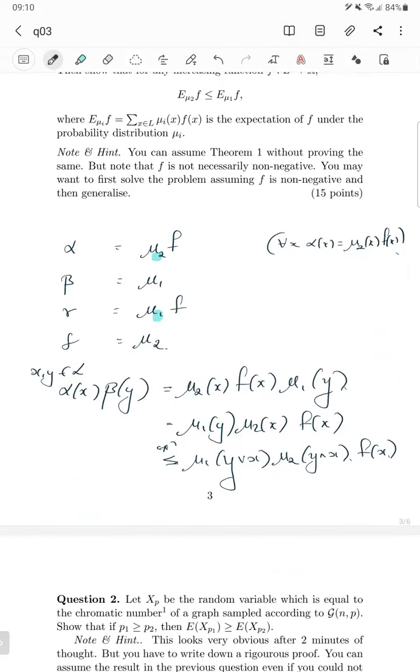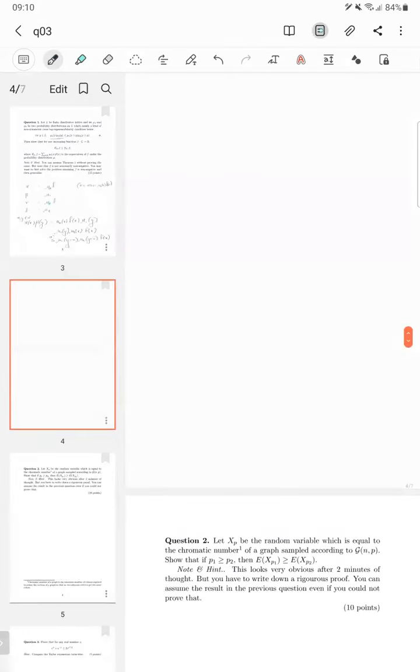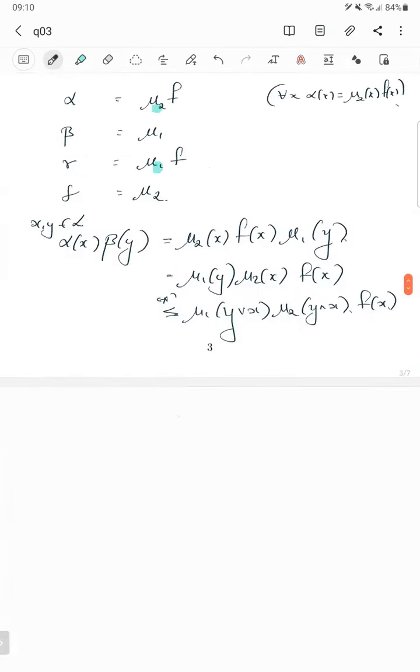Since f is increasing, in the next step we can replace f(x) by f of x joined with y. Since f is an increasing function, we can replace f(x) by f(y), f of something larger. Okay, so y join x is always larger than x, hence this is correct to do.